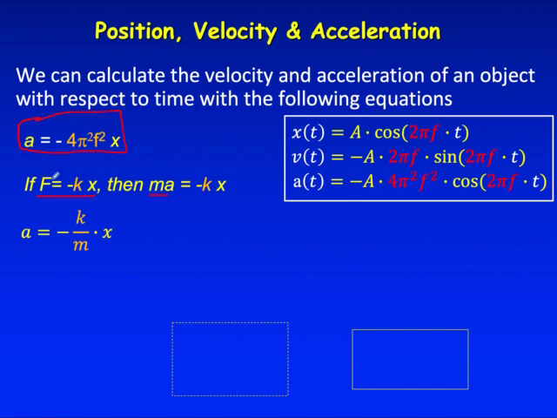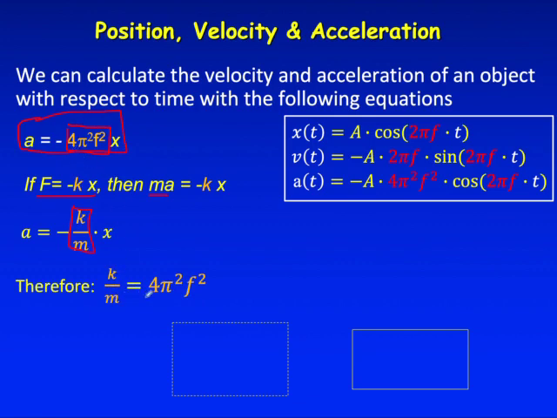Well, take a look at this equation down here and this equation up here. a equals negative something x, a equals negative something x. If this is true for a spring, and we know all simple harmonic oscillators have to obey this law, we can actually state something. We can state that this constant down here must be equal to this constant up here.